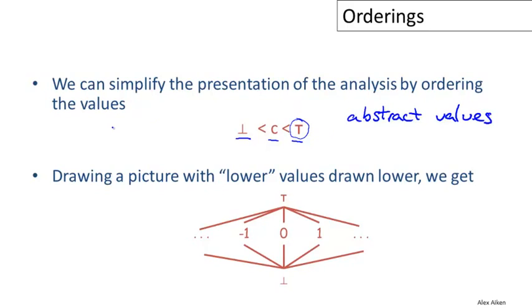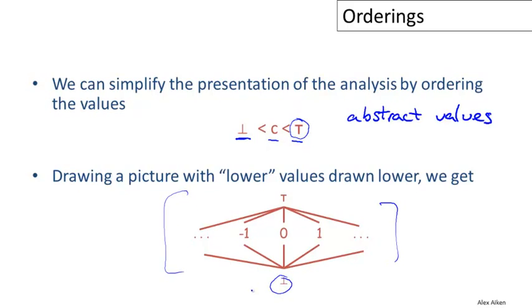It turns out that there is a way to simplify the presentation of the analysis we've been discussing by ordering the abstract values. We're going to say that bottom is less than all the constants, and all the constants are less than top. If we draw a picture with the lower values toward the bottom and the higher values at the top, with edges between values that are related, we get this diagram.